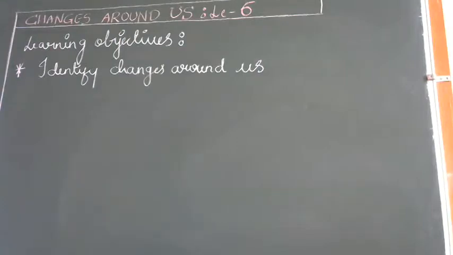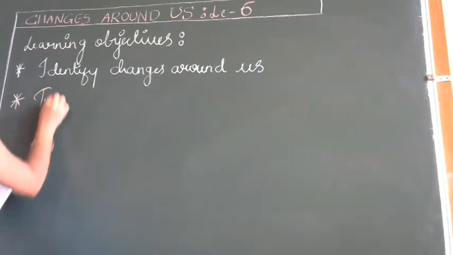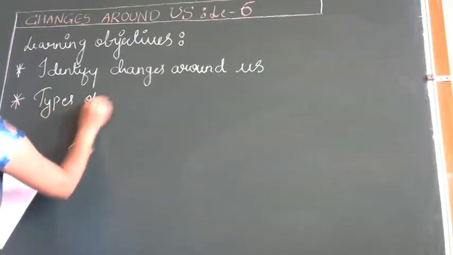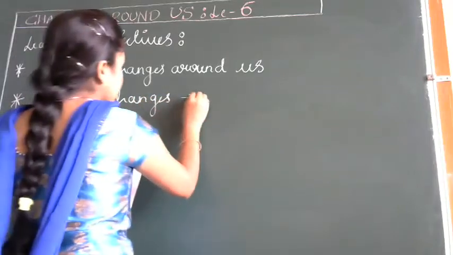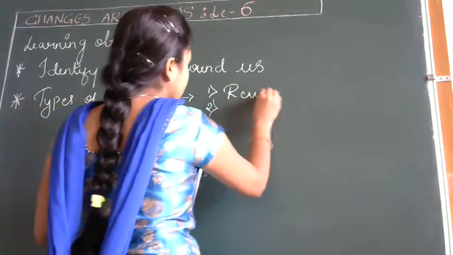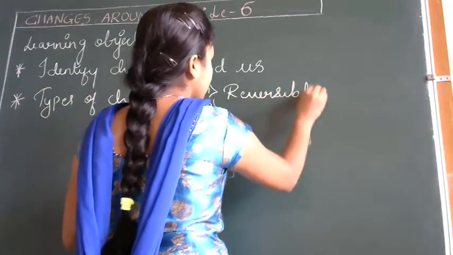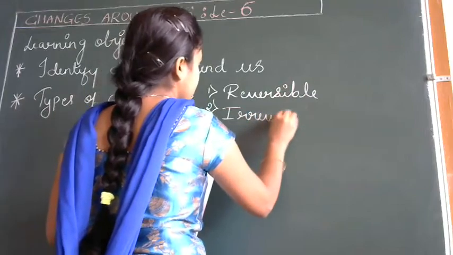Next is types of changes, and under this we have two types: reversible and irreversible.